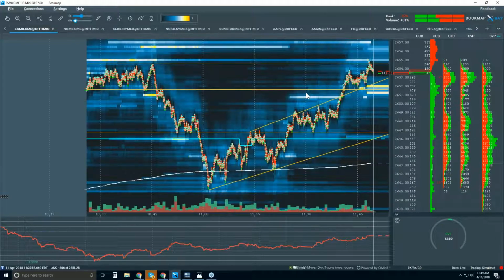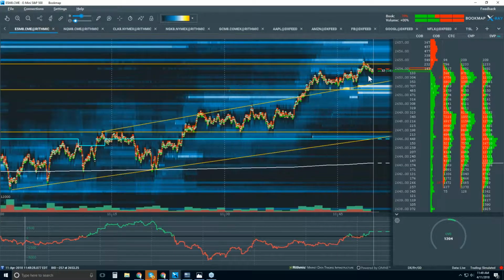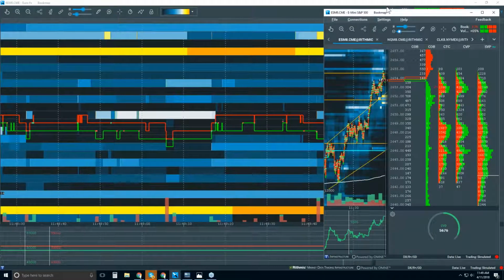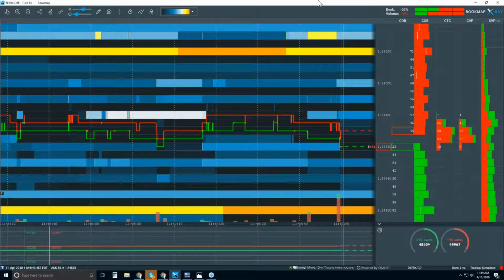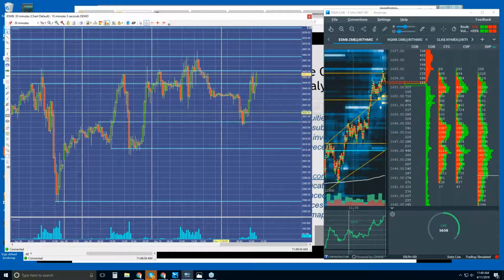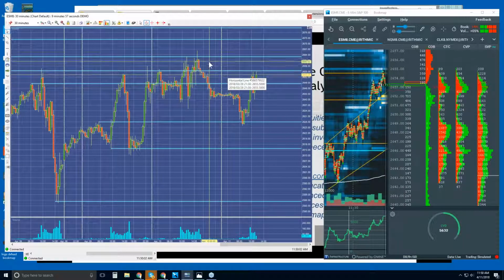All right, now since we're up and we did breach 55, let's take a bigger step back and look at our higher time frame as well. Oh, that's what I did. All right. Okay, so here's our higher time frame. This was the level we put in here at 55, as you can see.